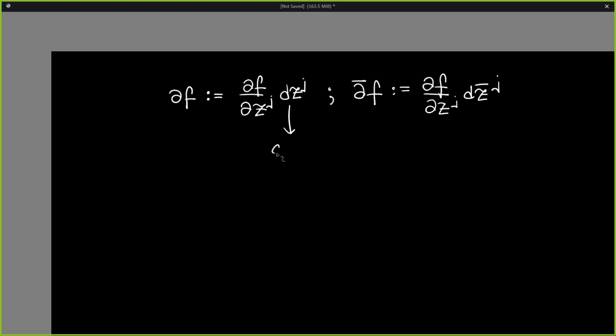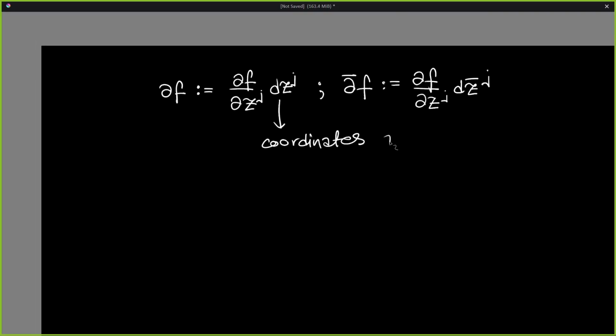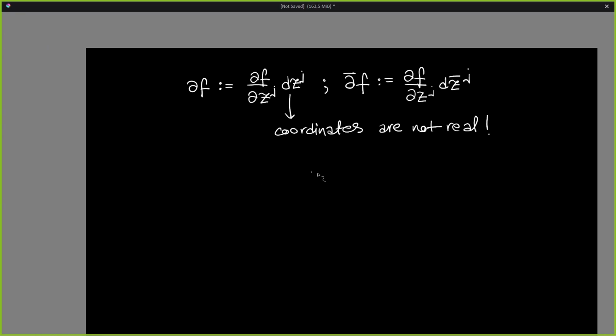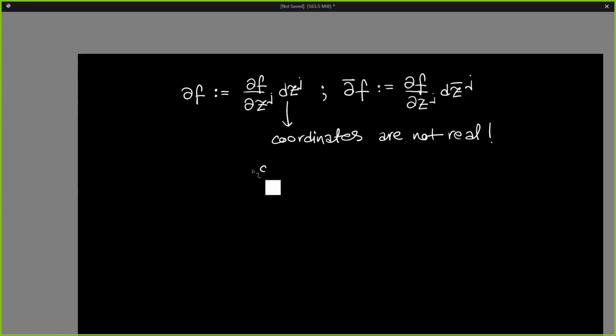And remember, I want to keep bringing this idea back up that we're using coordinates here, right? And you have to be very careful when you define something using coordinates, because coordinates are not real. And they're not complex either. They just don't exist in a certain sense, even more than the rest of the math. So we have to make sure that this is coordinate independent.